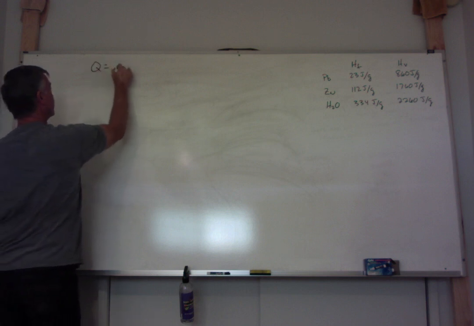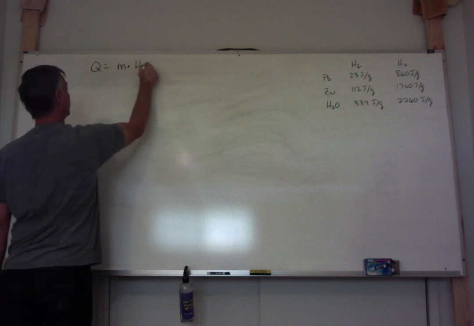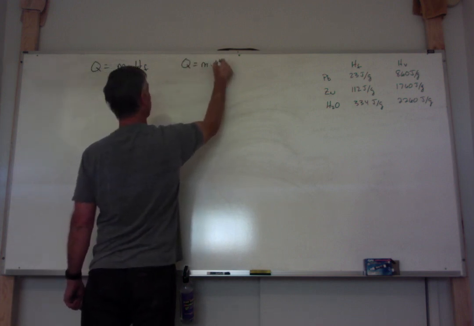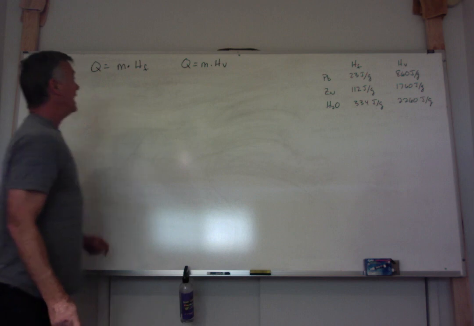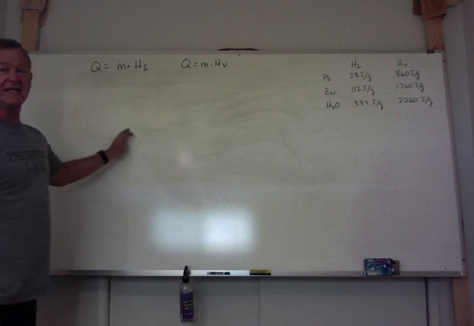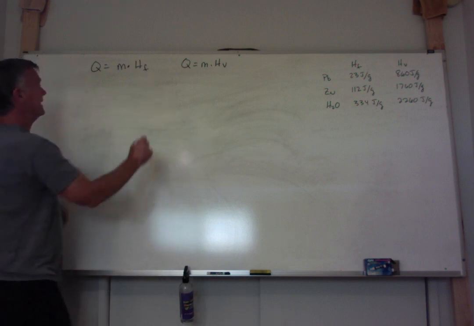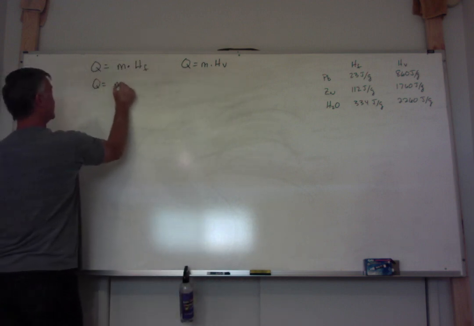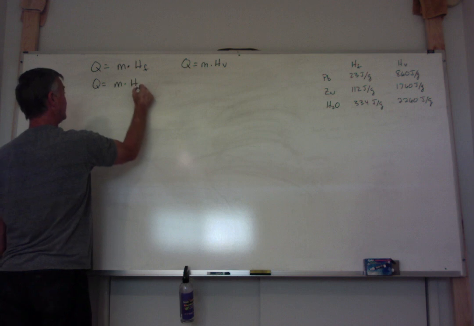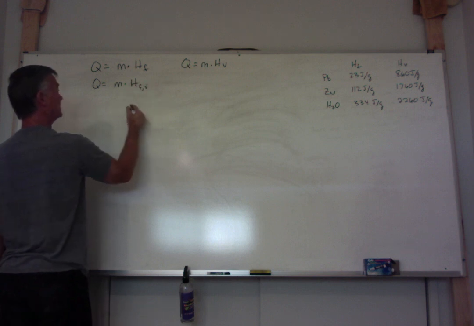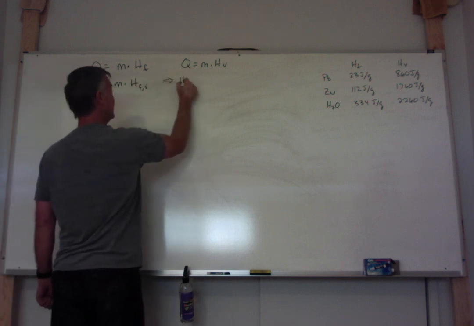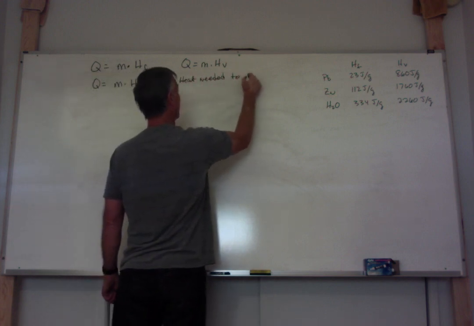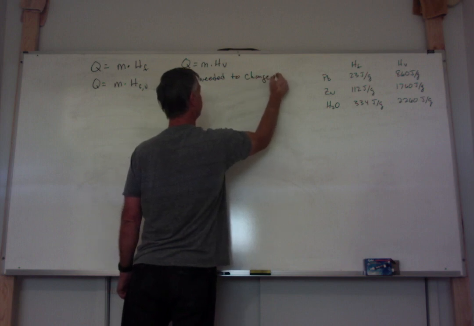Q is equal to mass times the heat of fusion, or Q is equal to mass times the heat of vaporization. And you're going to be asked how much heat it takes to change state. This equation could be written this way: mass times heat of fusion, or vaporization. This is the heat, the energy needed to change state.